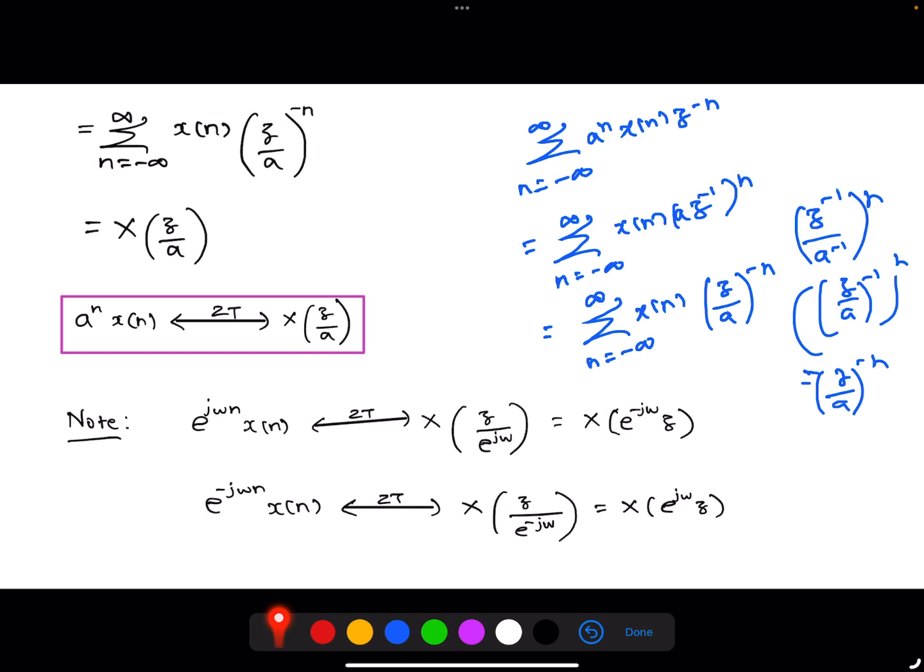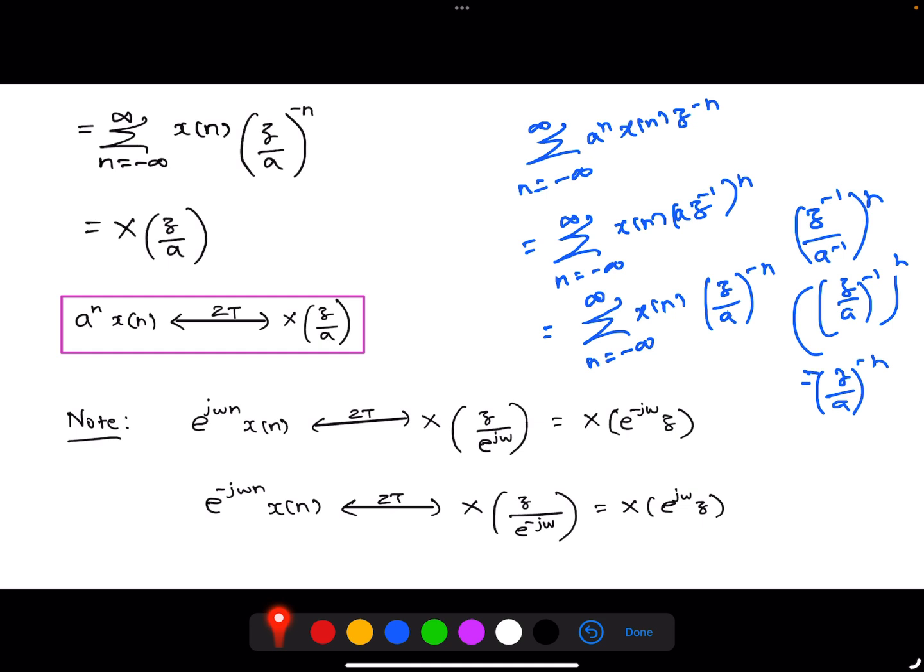And we can very well note, if this a to the power n is replaced by e to the power j omega n, then the z transform of this term will be x of z by e to the power j omega, which could be written as x of e to the power minus j omega into z.